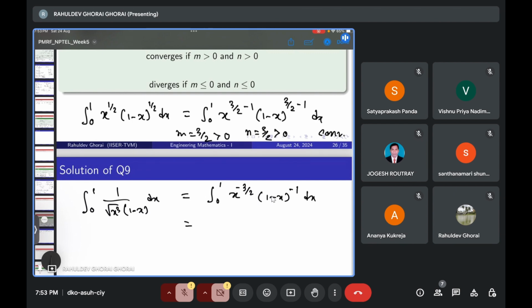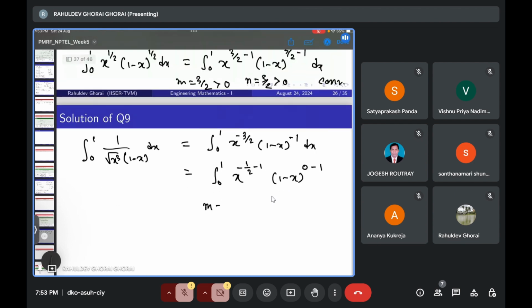This will be equal to 0 to 1 x to the power minus half minus 1 times 1 minus x to the power 0 minus 1, right? So m here is minus half, which is less than or equal to 0. n is equal to 0, which is less than or equal to 0. So it diverges.